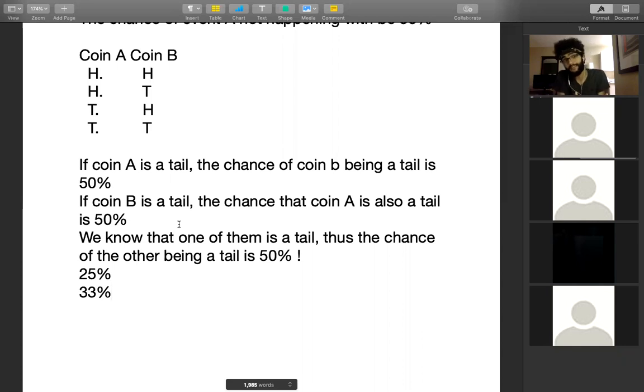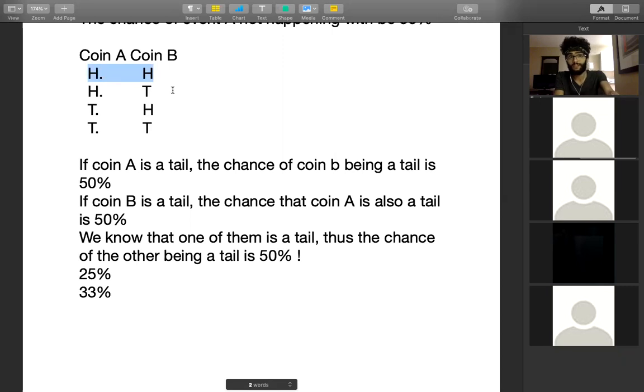If that doesn't make sense, let me go back to my table. So the reason why I did this table is to actually explain this in a more believable manner. We know one thing for sure. Now, this thing can be said even by the people who said 25, even by those who said 50, even by those who said 33, or even by those who did not vote at all. We can all agree on one thing, that the first option is not possible.